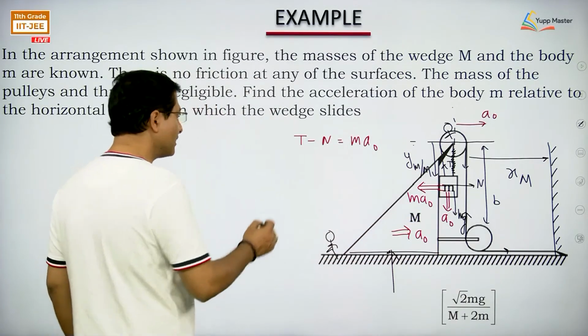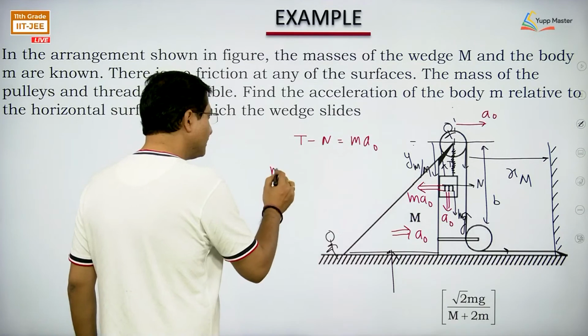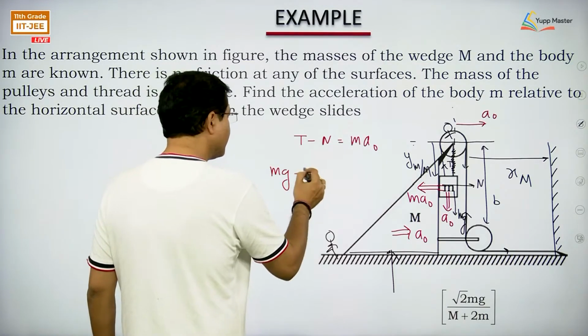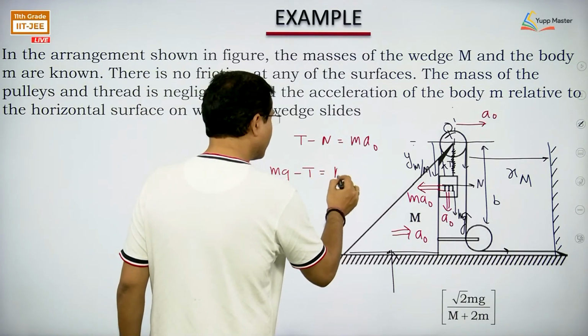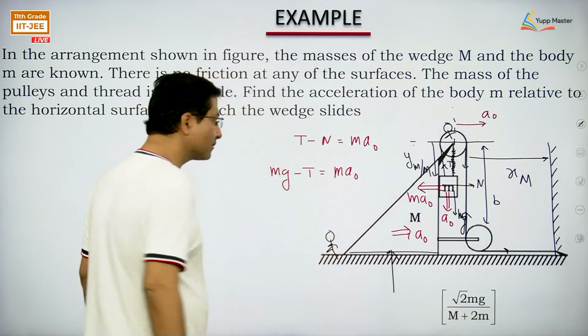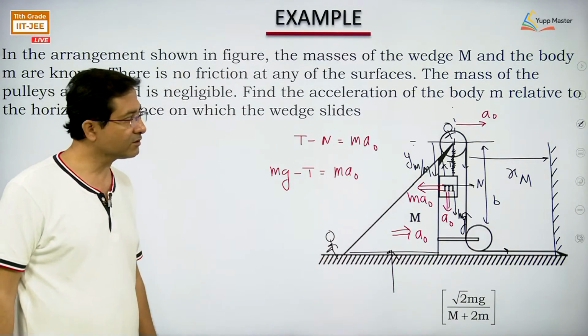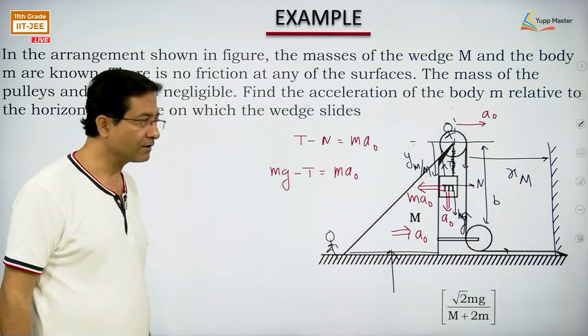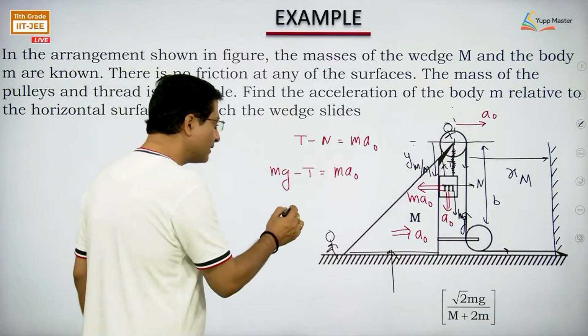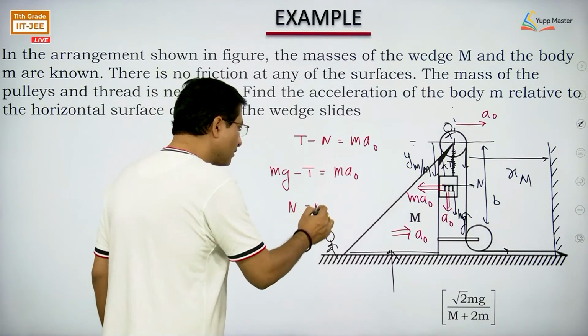For the y direction he will write mg minus T is equal to mass into acceleration, and for the x direction he is going to write N is equal to ma naught.